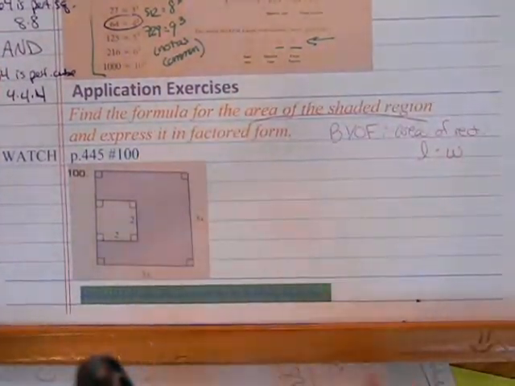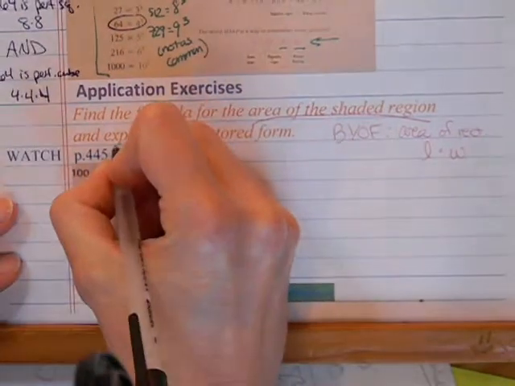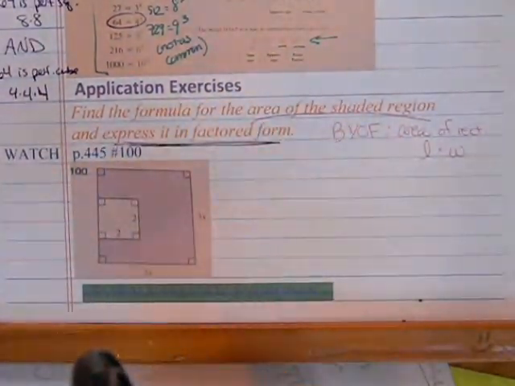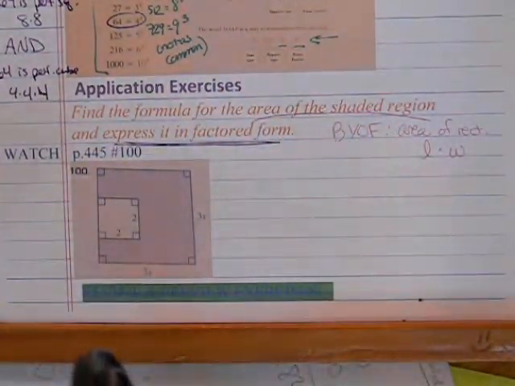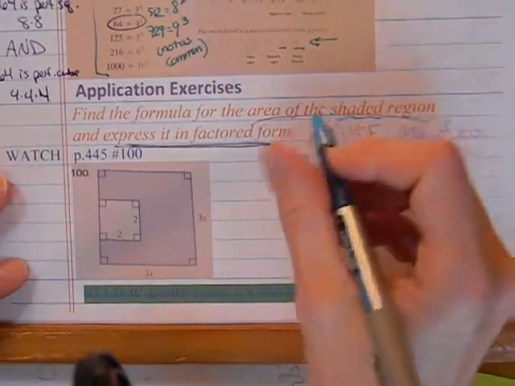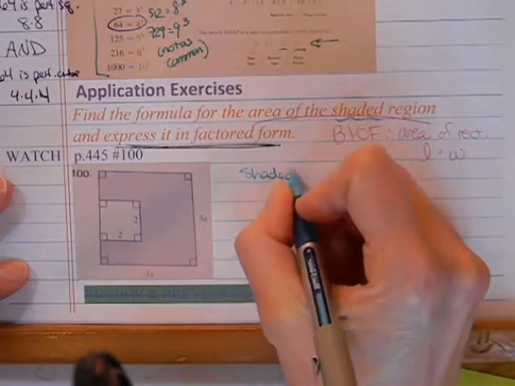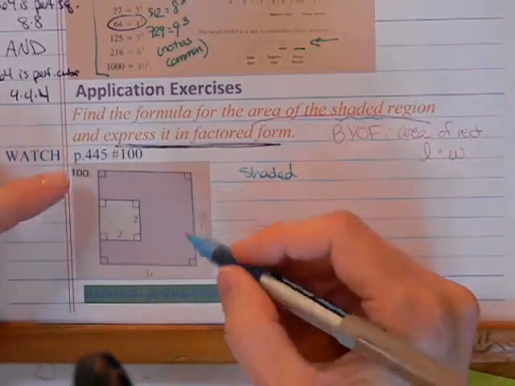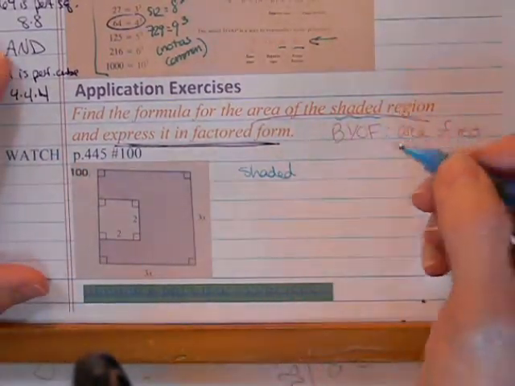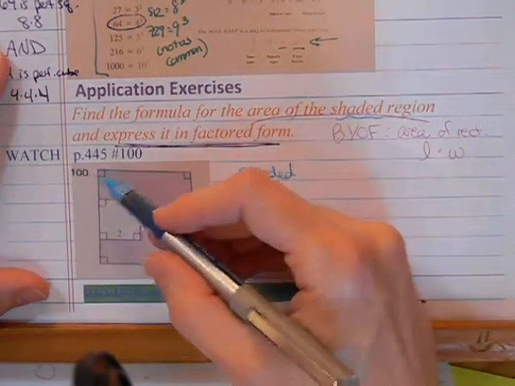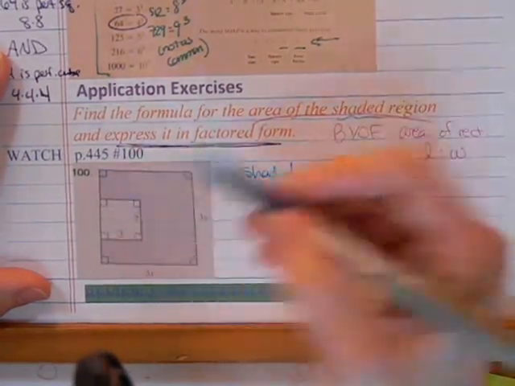Okay? And the other thing you want to note here is that they're asking you to express your formula in factored form. So you get to practice factoring here. So let's look at what they're talking about. The area of the shaded region. So shaded, and mine is just a little skewed here, this copy. Sorry about that. But it is 2 rectangles based on the 90-degree angles that are marked here in the corners.